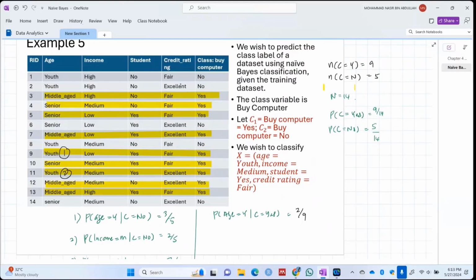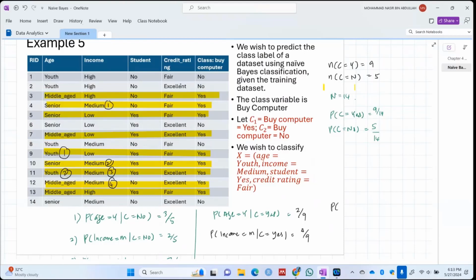Next, probability of income equal to medium given C equal to yes. So how many? 1, 2, 3, 4. So 4 over 9.